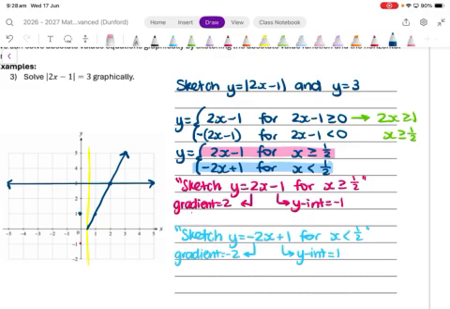And then when we're doing our negative gradient, we can still rise up 2, but we go 1 across to the left this time, because a negative gradient is going from the top down, going left to right.